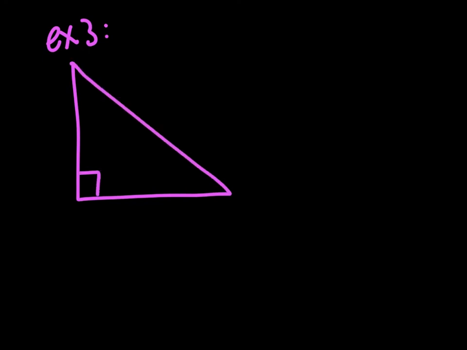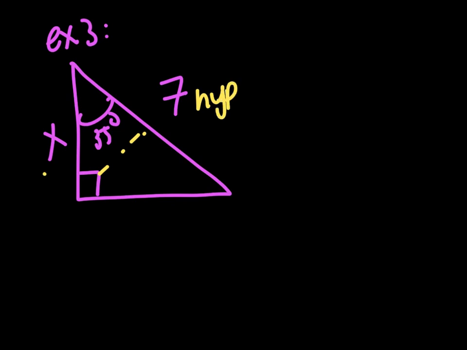Okay, next problem, we're starting to find some missing sides and things like that. So example 3, again, I have a triangle, x, 7, and this is 35 degrees. The 7 is my hypotenuse. The x is my adjacent.